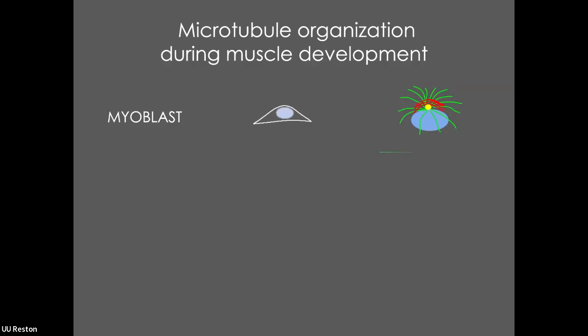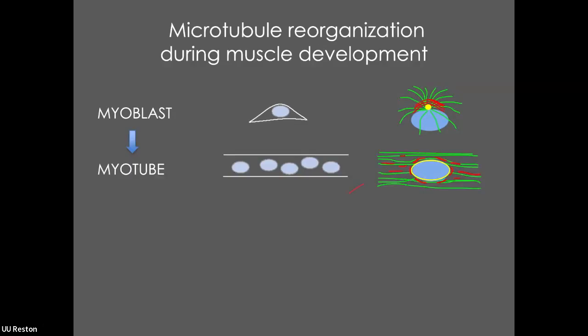But at some point, let's say if we're in a lab and you have a dish with these precursor cells, at some point they're going to get very dense, and that's going to start them to differentiate, which means that they're going to start to be different. They're going to acquire muscle characteristics. And what's happening then is that two cells are going to come together.